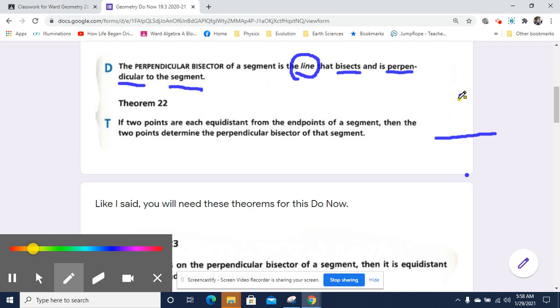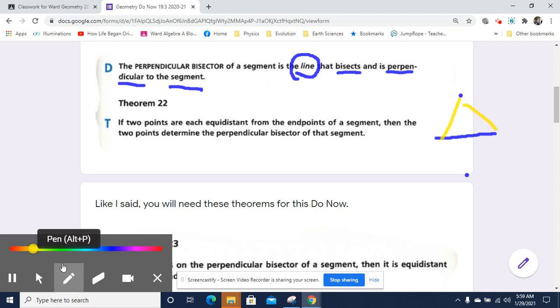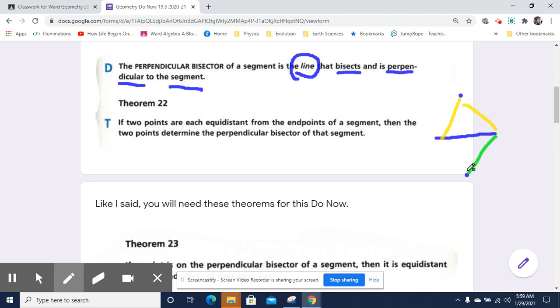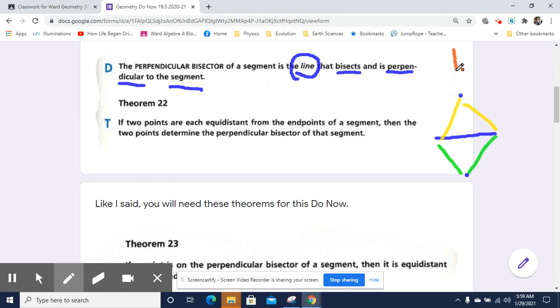So I can draw this congruent line segment and this congruent segment, and this one and this one. Then if these 2 points are equidistant from the endpoints of the segment, these 2 points determine the perpendicular bisector for that segment, which means they are 2 points you could draw a line through.